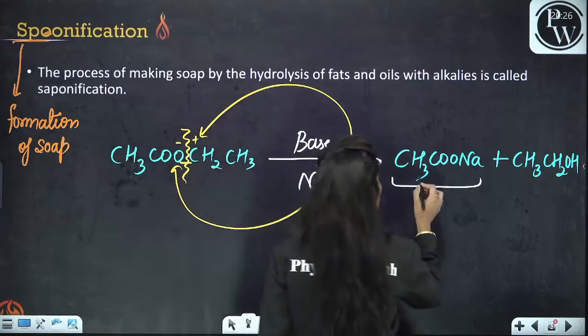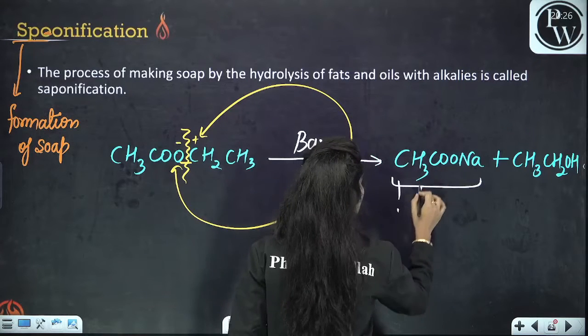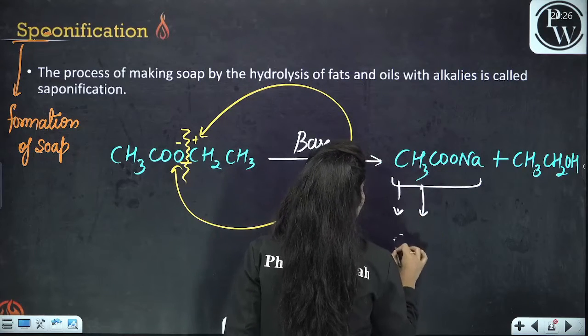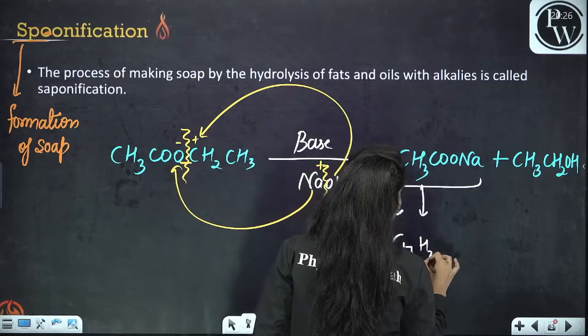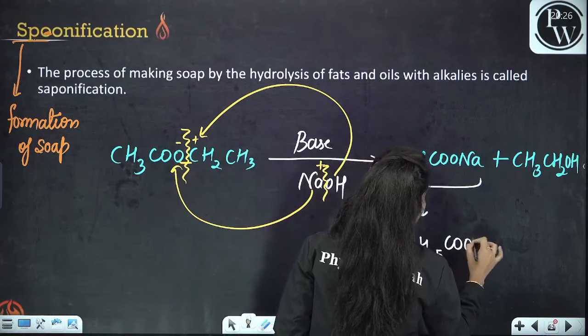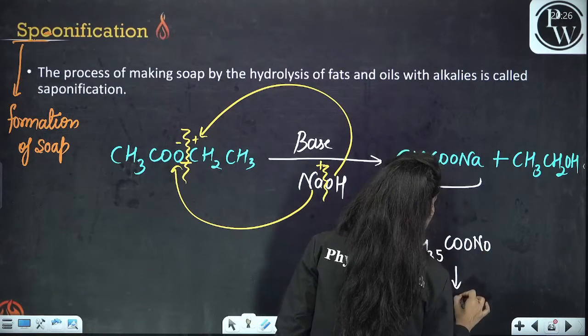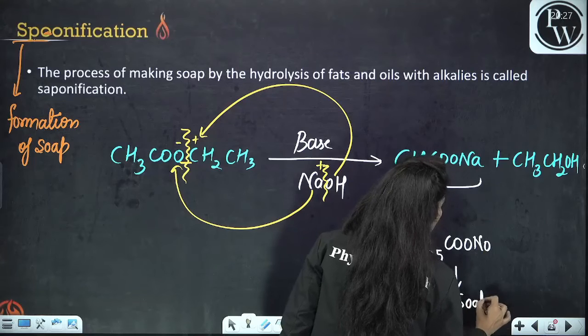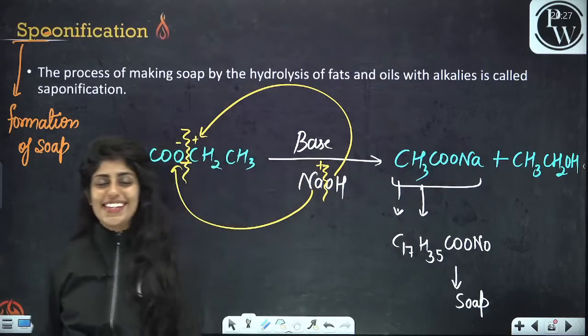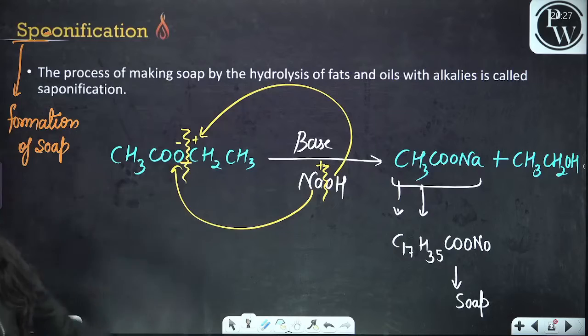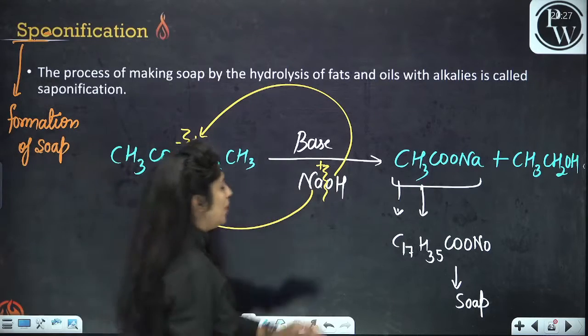If you increase the number of carbon and hydrogen, like C17H35COONa, what is it? It is the soap. Oh my God. Yes or no? And that's your ethanol, that's your alcohol, simple alcohol.